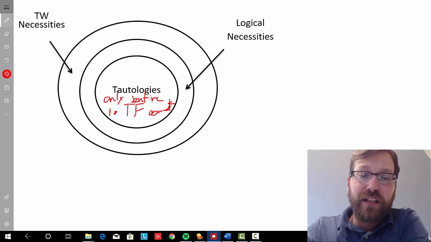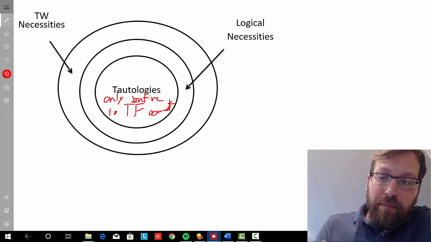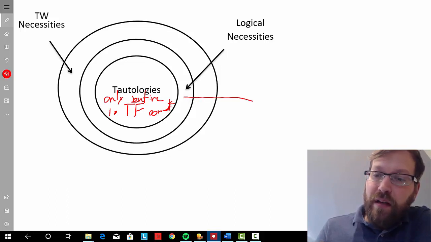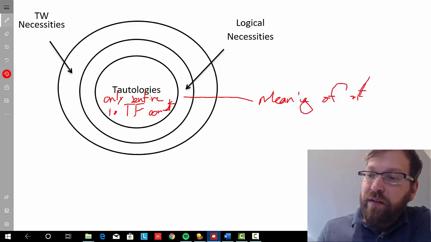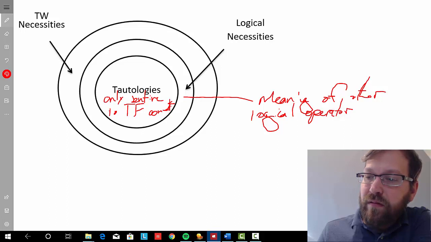Logical necessities include tautologies, but also include the meaning of other logical operators and the meaning of the words.